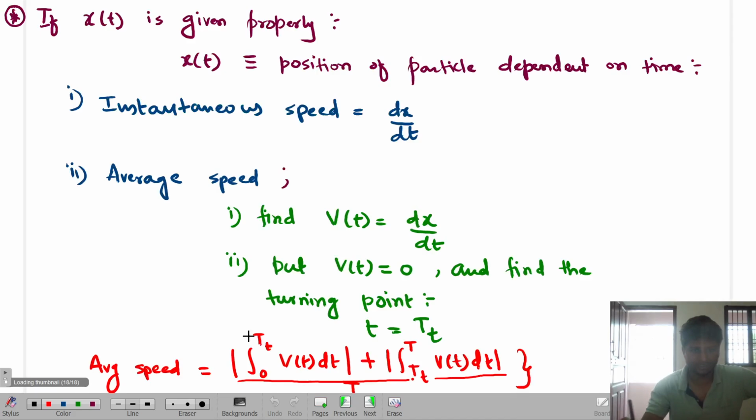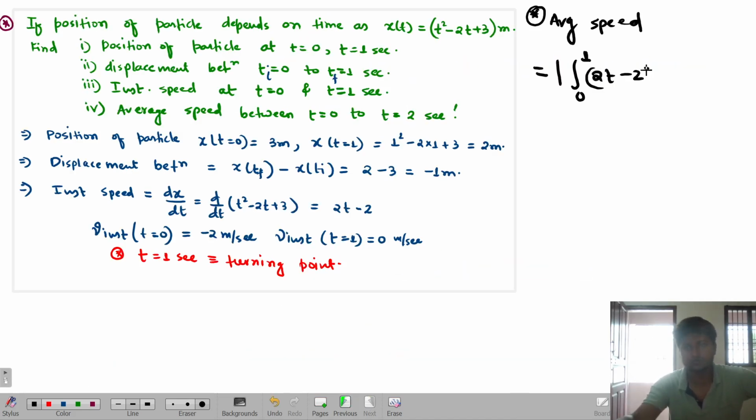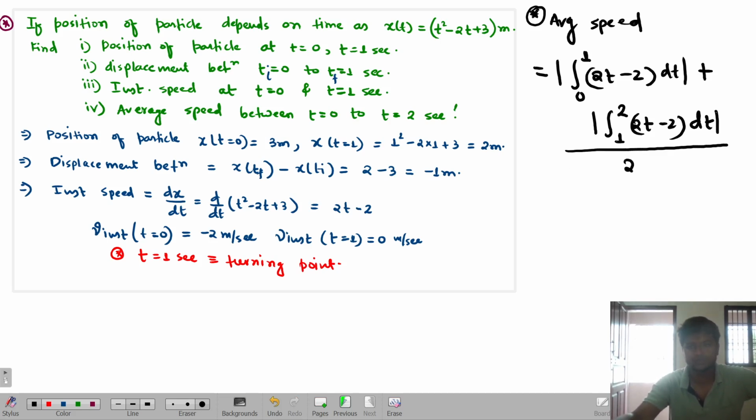This was the equation, no? Velocity v(t) dt. Got it or not? So this is modulus of integral 2t minus 2 dt, modulus close. Again, modulus integral 1 to 2 second 2t minus 2 dt, modulus close, divided by total time, which is 2 minus 0.